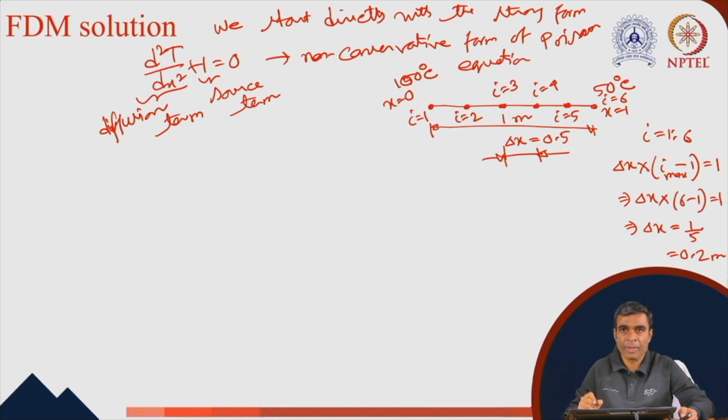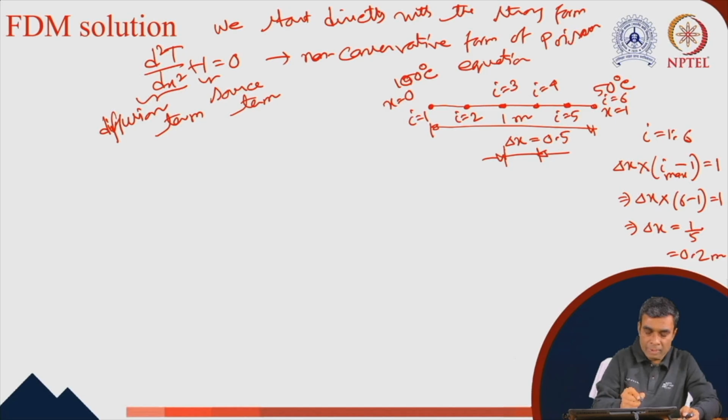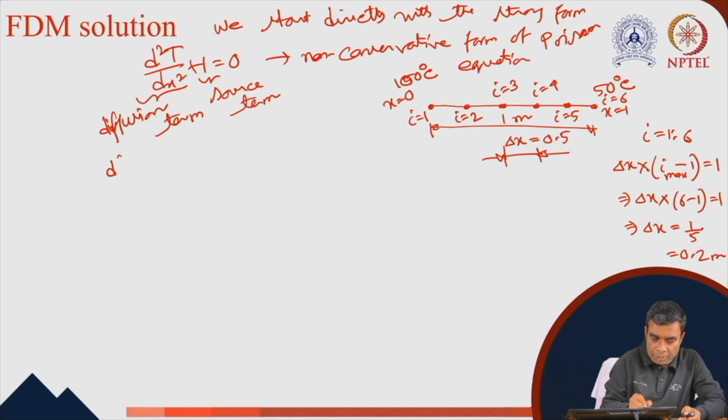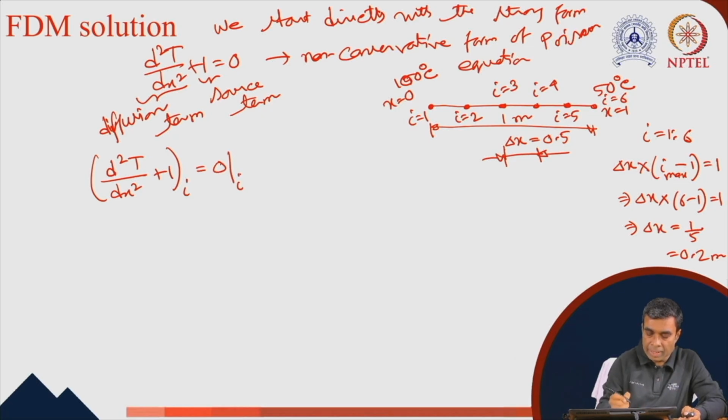And then if we think of this governing equation, now we try to discretize this. So d2T/dx2 plus 1, written at the discrete node i on the left side, is also considered for the right side.